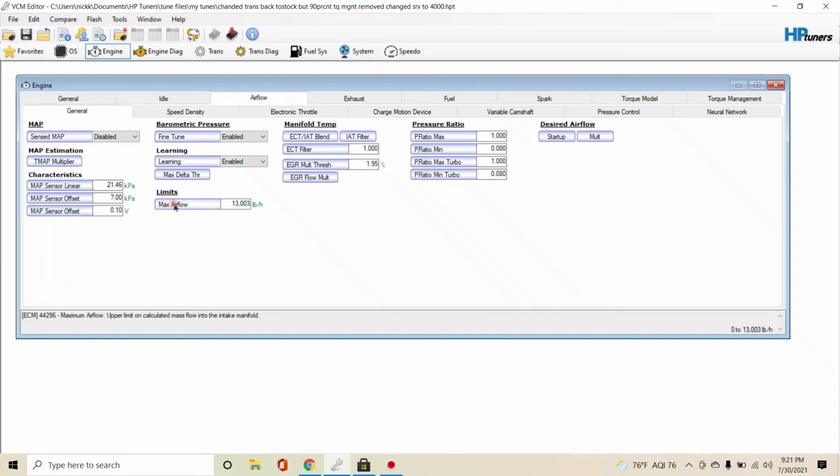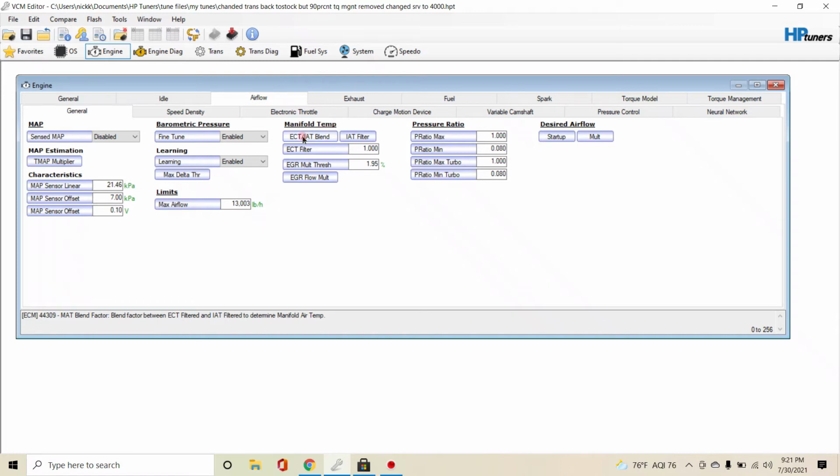And then your limits, max airflow. This is how much air it's going to say is allowed, pretty much a limit. This is how much airflow at max can enter the intake, and I think it's in pounds per hour.